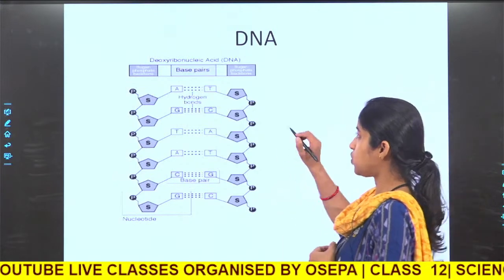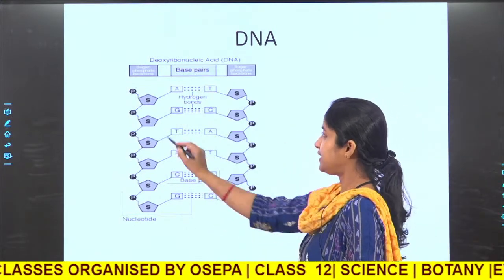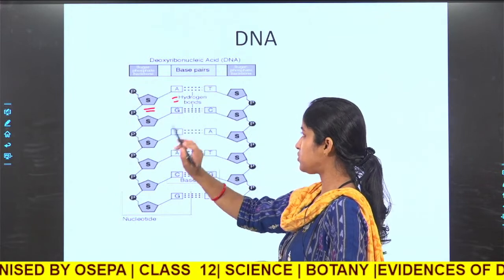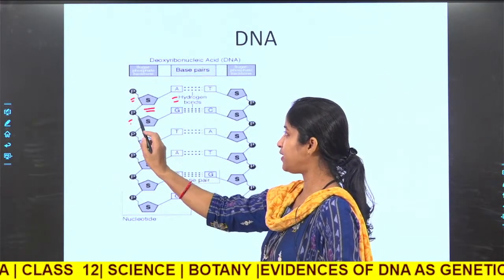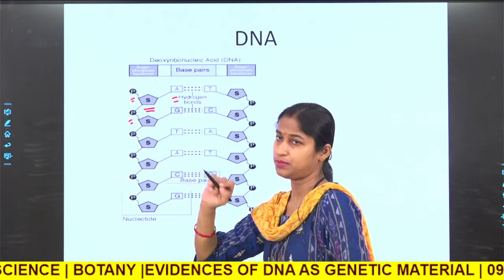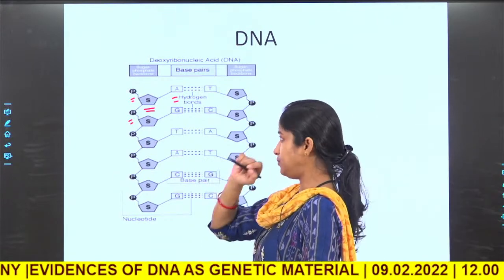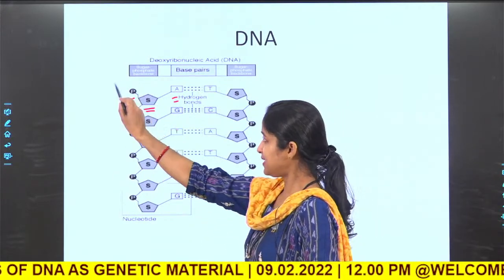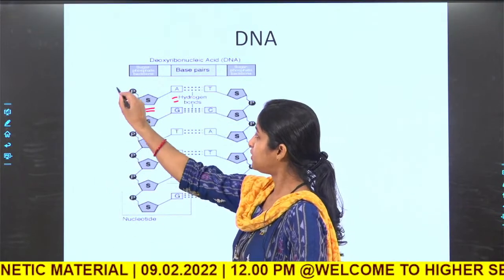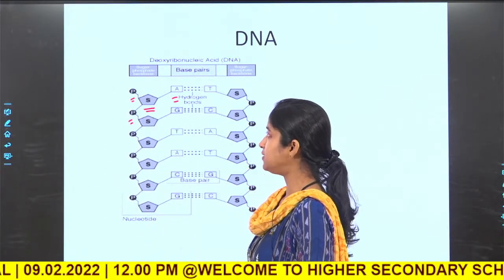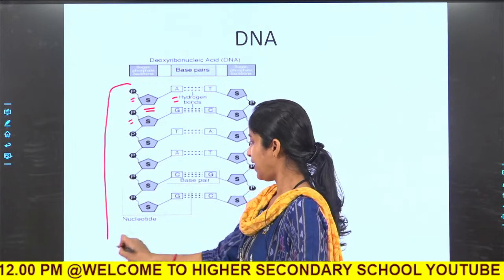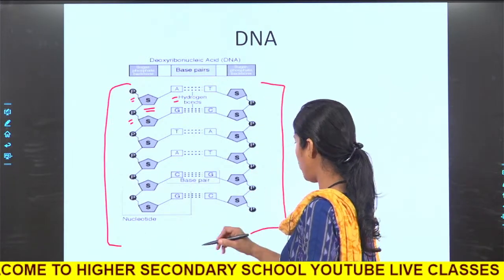In this structure you can see that these are the sugars, these are the nitrogenous bases and these are the phosphate groups which form the phosphodiester bond. Now, this is a single polynucleotide, and this is another polynucleotide.